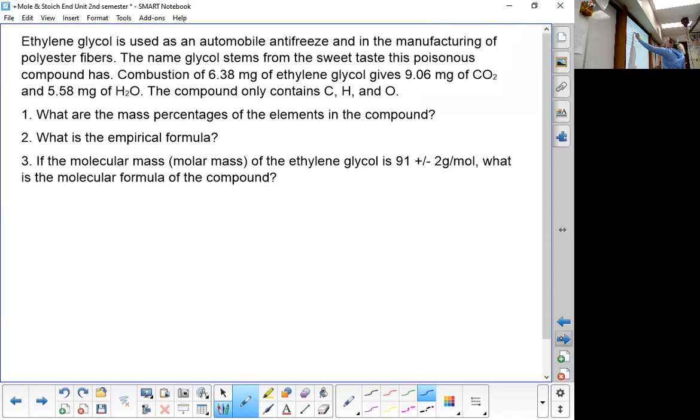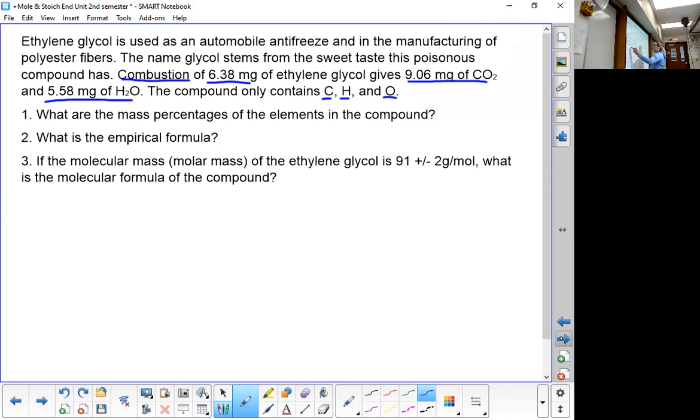It says combustion of 6.38 milligrams of this compound gives 9.06 milligrams of carbon dioxide and 5.58 milligrams of water, and the compound only contains carbon, hydrogen, and oxygen. So it wants to know what are the mass percentages of the elements in the compound, what's the empirical formula, and then we'll get to the molecular formula as well.